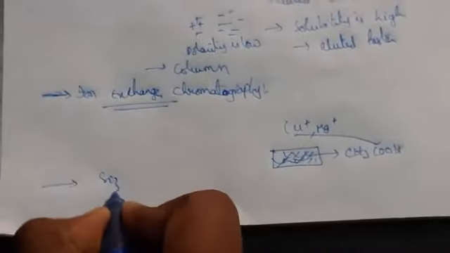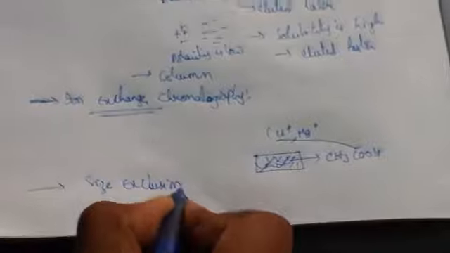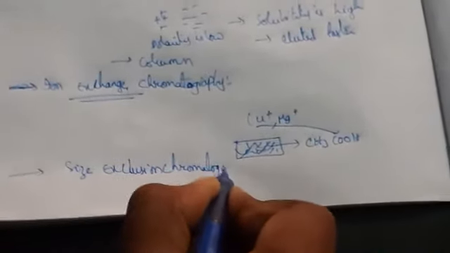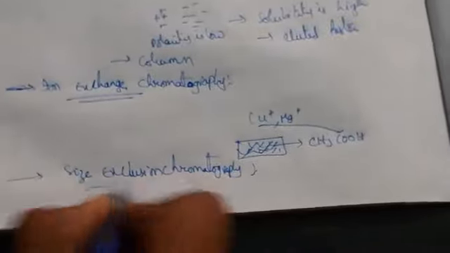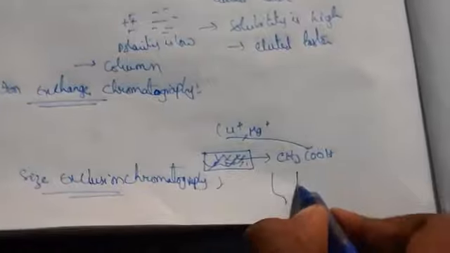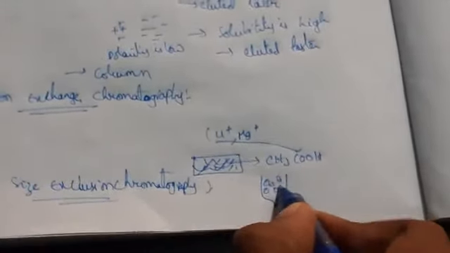And next we have size exclusion chromatography. In the name itself we have size, so the chromatography depends upon size. Inside, we have the stationary phase.